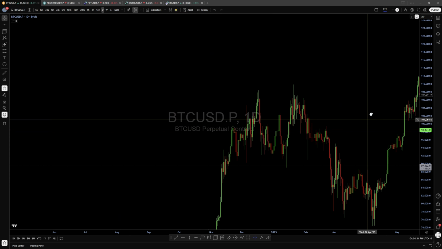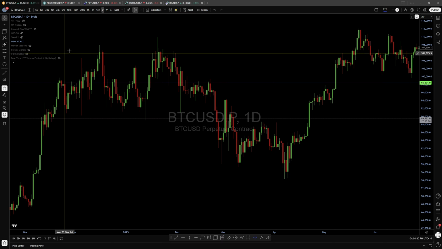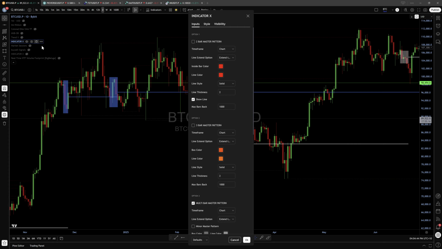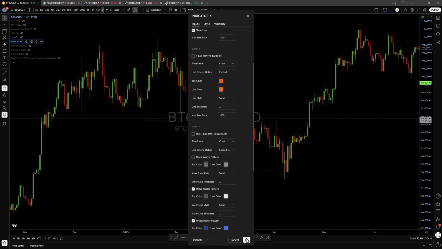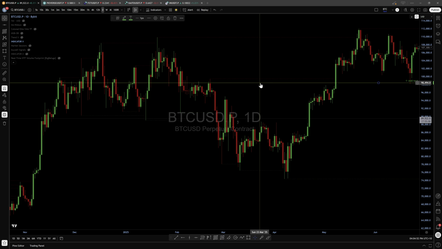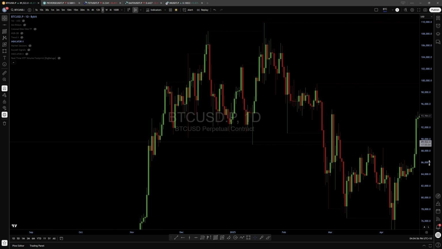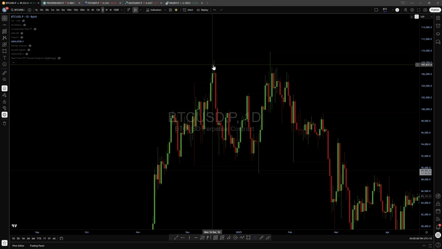So if I turned on one of my indicators, say indicator X, maybe SMCX as well, and I'll get rid of this line here. I don't know if you might be able to see it, but I've got my liquidity lines very faint.